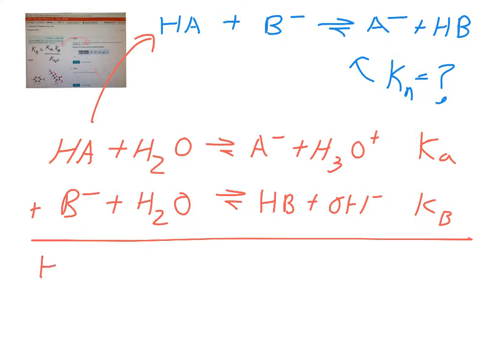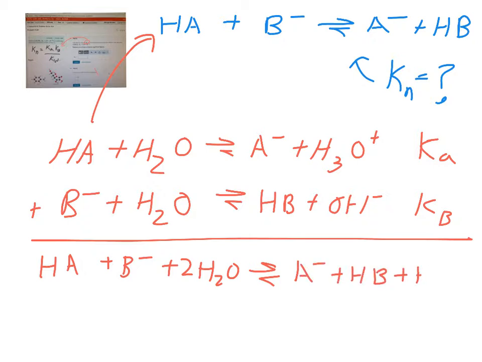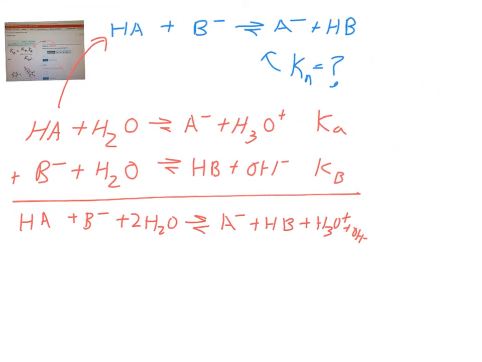If I add these two reactions together, then I get HA plus B negative plus 2 waters yields A negative plus HB plus hydronium plus hydroxide. Whenever you add two reactions, what do you do to their equilibrium constant?